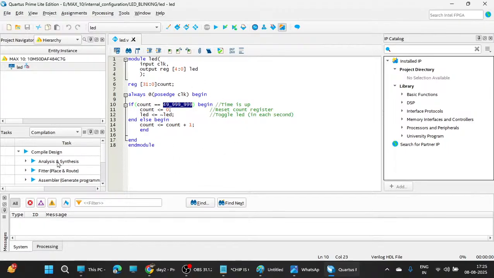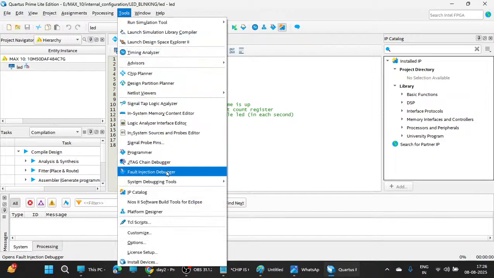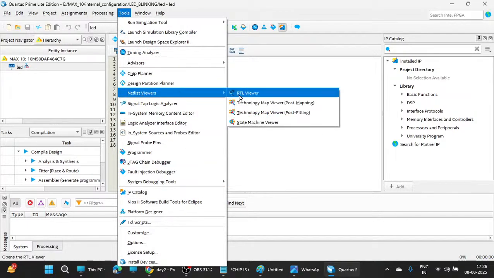You can see here compile: analysis and synthesis, fitter, assembler, timing analyzer, EDA netlist. These are the compilation stages. In the tools we can also see the netlist RTL viewer.